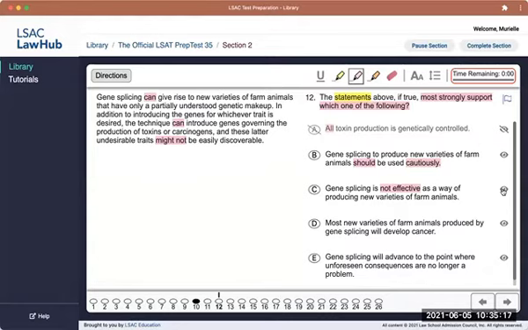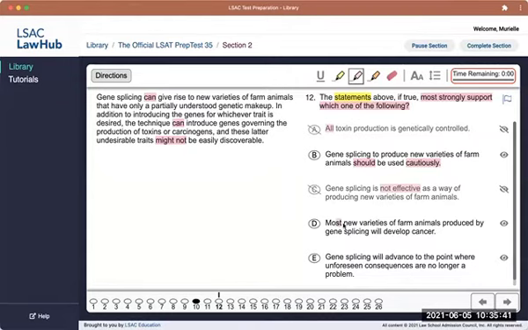Is it desirable versus effective? I think those would be different questions. The fact that it's possible to get new varieties of farm animals by gene splicing could on its own mean that it is effective. So the opposite is actually supported. I wouldn't choose that.